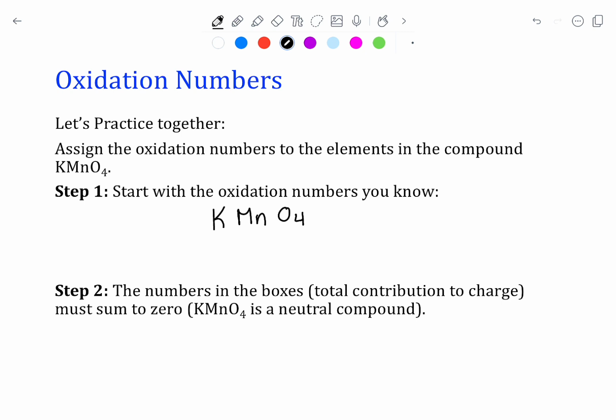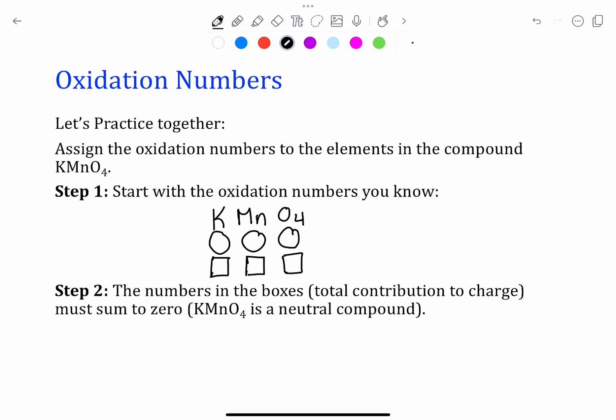Your textbook also does a kind of table way of doing oxidation numbers. I personally find it very useful. So we use circles and squares to denote our individual oxidation numbers and our total contribution to the molecule overall. So we start with circles at the top and squares at the bottom.